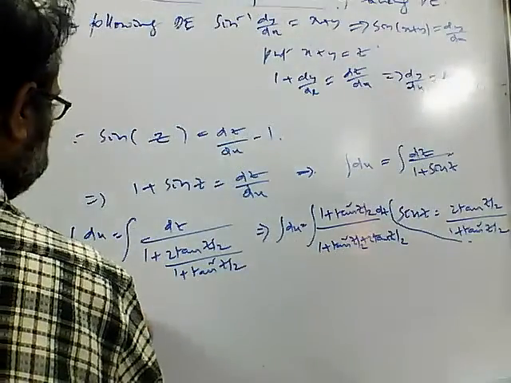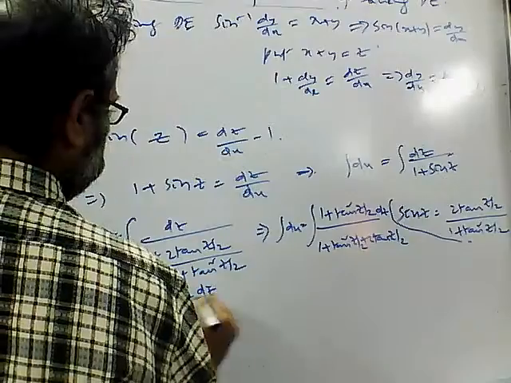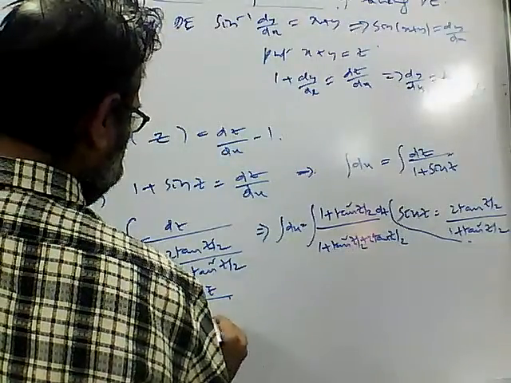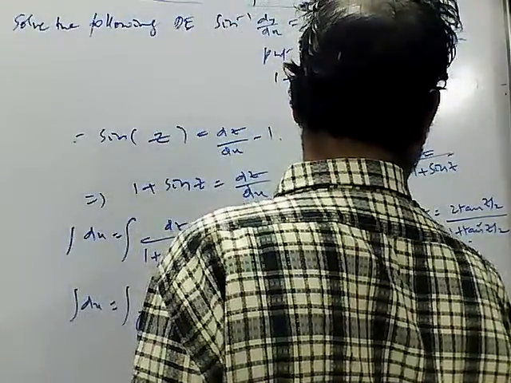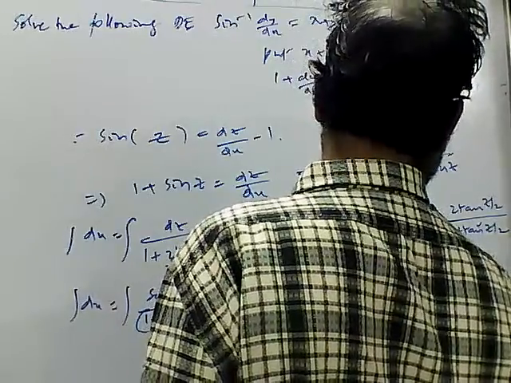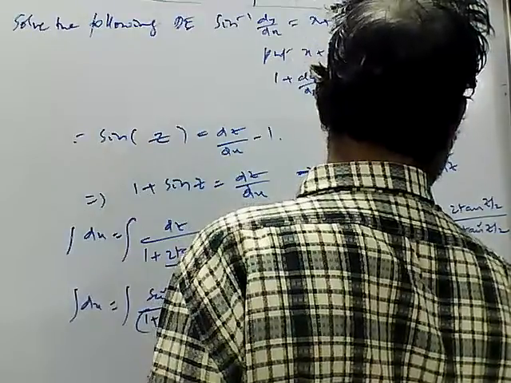Integral dx = integral sec²(z/2) dz by (1 + tan(z/2))². If t = 1 + tan(z/2), then dt = sec²(z/2) times half dz.